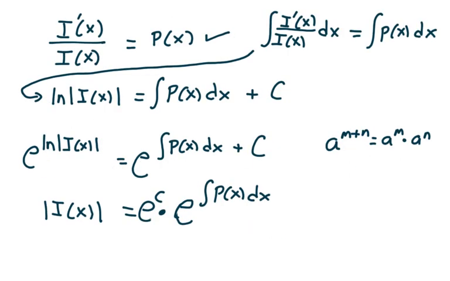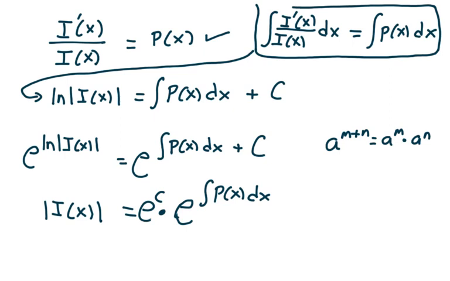Now, let's look at the next page. That says I prime of x over I of x is equal to p of x. And then I'm going to integrate both sides of that equation with respect to x. From here, we get the natural log of the absolute value of I of x is equal to the integral of p of x dx plus c.